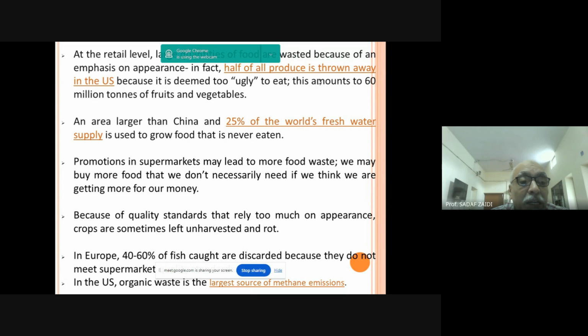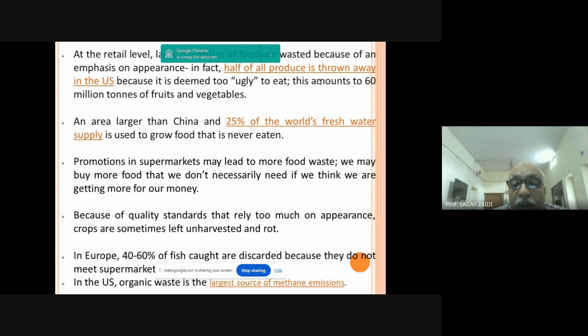Then another interesting figure: an area larger than China and 25% of the world's fresh water supply is used to grow food that is never eaten. So that food that is never eaten, that consumes how much of the world's water? Fresh water, 25%, and an area larger than China, or you can say greater than the subcontinent.